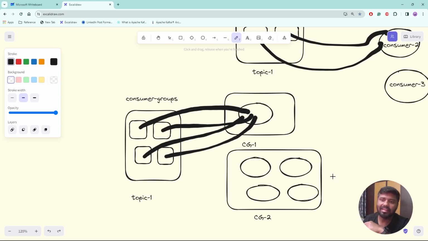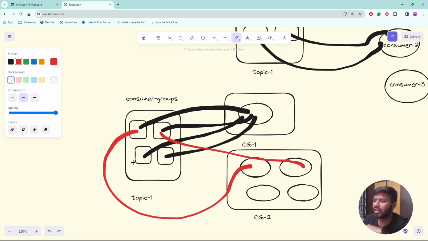So here is the interesting factor, folks. As we have defined these four consumers within consumer group 2, Kafka will treat it as a separate group, and it will again provide the information in a self-balancing manner. Sounds very interesting, isn't it?